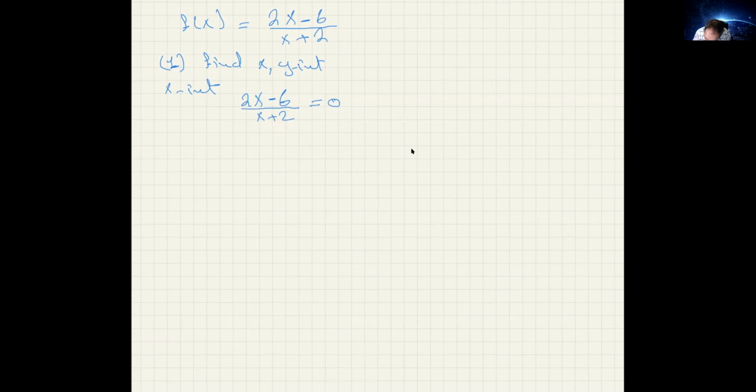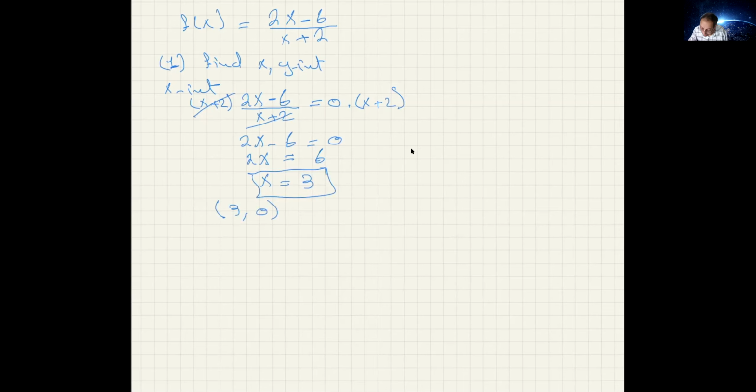Anything multiplied by 0 is 0, and x plus 2 with x plus 2 cancels out. So I have 2x minus 6 equals 0. Add 6, 2x equals 6. Divide by 2, I get x equals 3. So therefore, my x-intercept is (3, 0).